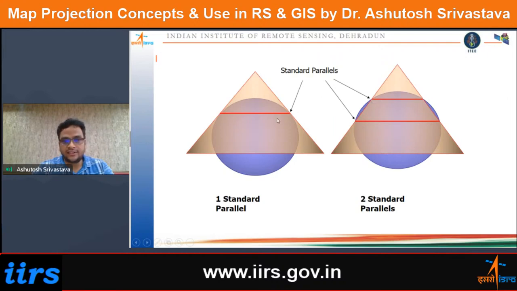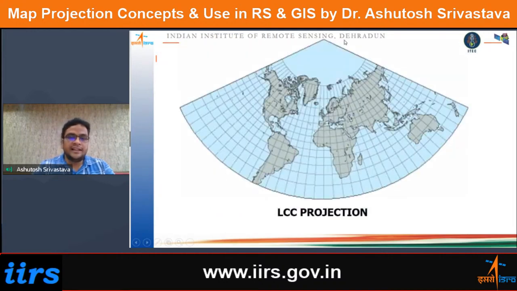This is the LCC projection. You can see here the meridians are straight lines cutting parallels at right angles, and the parallels are concentric arcs. This map projection is more suitable for countries with east-west expanse.